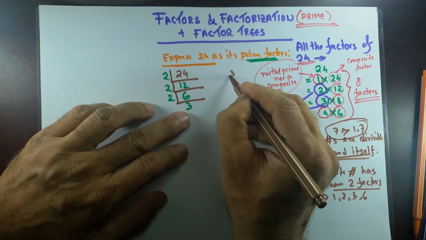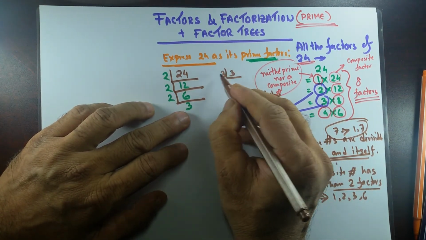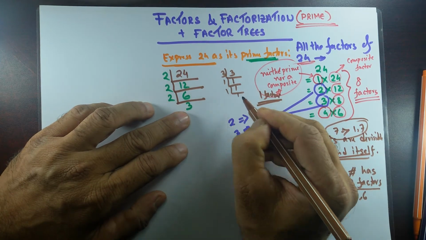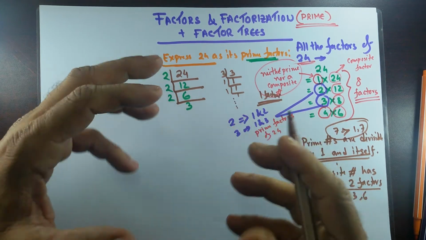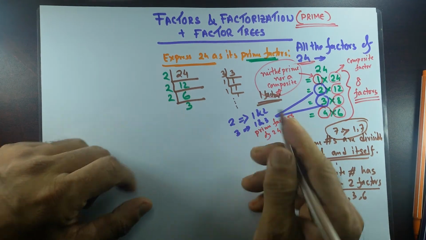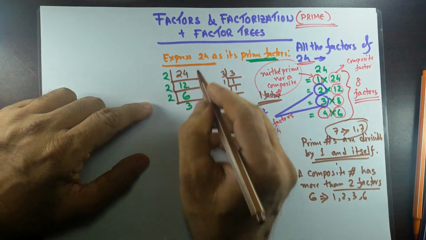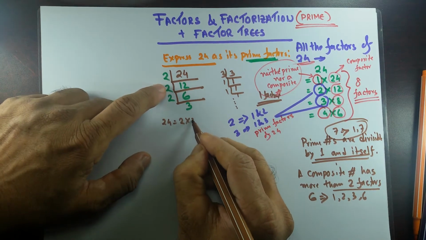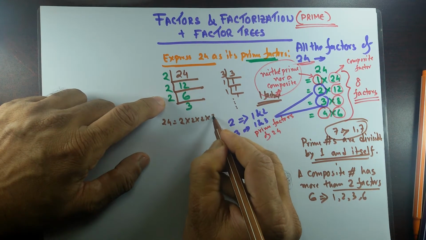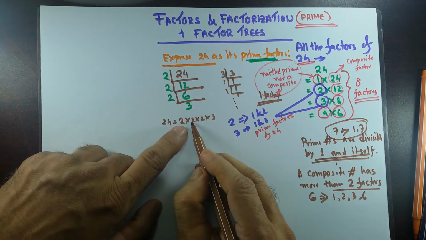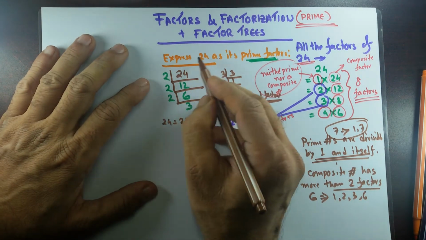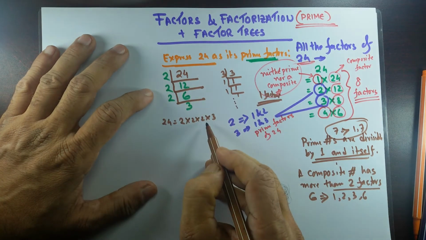If we continue, 3 divided by 3 is 1, and then 1 divided by 1 is 1, and it keeps going on and on. How far would you want to go? So this is just a waste of time. 24 you can write as 2 times 2 times 2 times 3. See that: 2 2s are 4, 4 2s are 8, 8 3s are 24. So already I have expressed 24 as its prime factors.